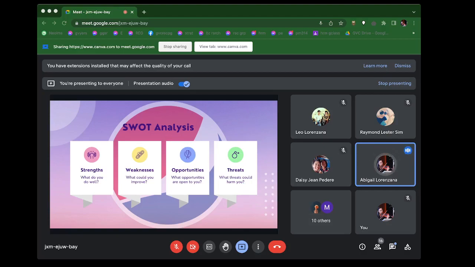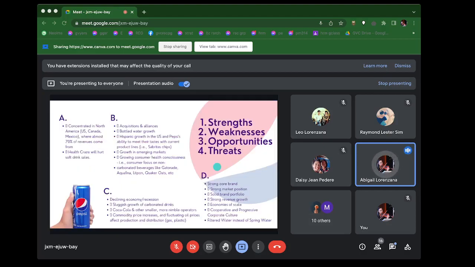And for those who are here in the Google Meet, okay, let's try to answer according to this slide. 1, 2, 3, 4. Sige, answer nyo ano yung strength and weakness, opportunities and threats. Let's have a slight engagement to see if you're still alive. Okay, ano yung number one?